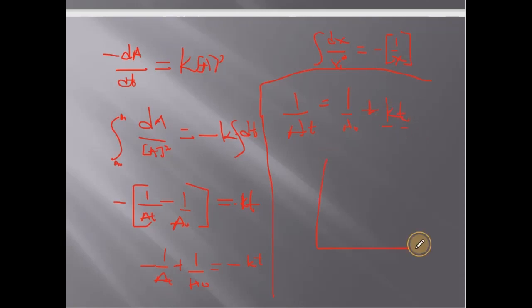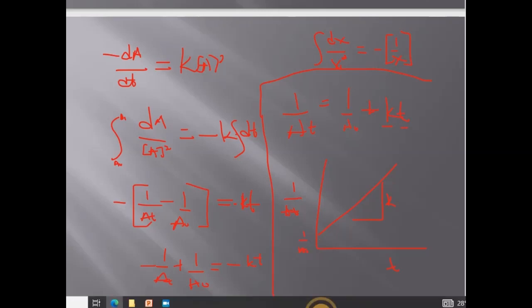So with this, you're going to have a graph which will look like this. It's a positive slope, so it will go like this. The slope of this curve is what? k, then the intercept is 1 over A naught.